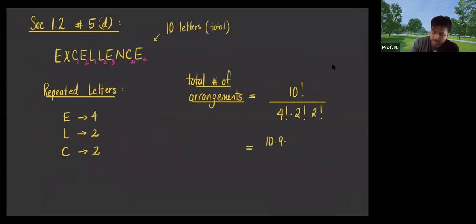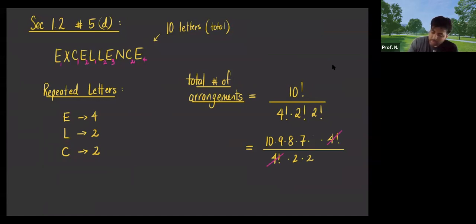I'm going to do this by hand, just to make sure you see that we can do this by hand. We don't need a calculator for this. We have 4 factorial times 2 times 2, right? Because 2 factorial is 2. You can divide out the 4 factorial, and, well, I'm missing a number here.